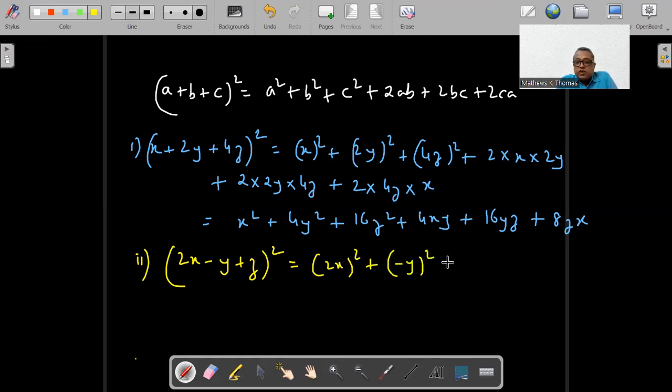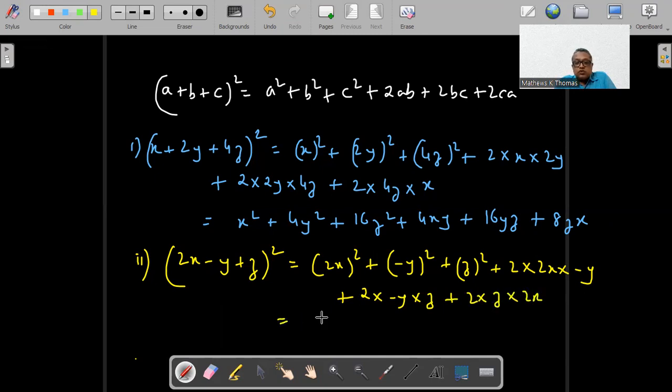So (2x) whole square, plus (-y) whole square, plus z square, plus 2ab, so 2 into 2x into b, and please remember b is negative y, plus 2bc, so 2 into minus y into positive z, plus 2 into z into 2x. So this is going to be 4x square.